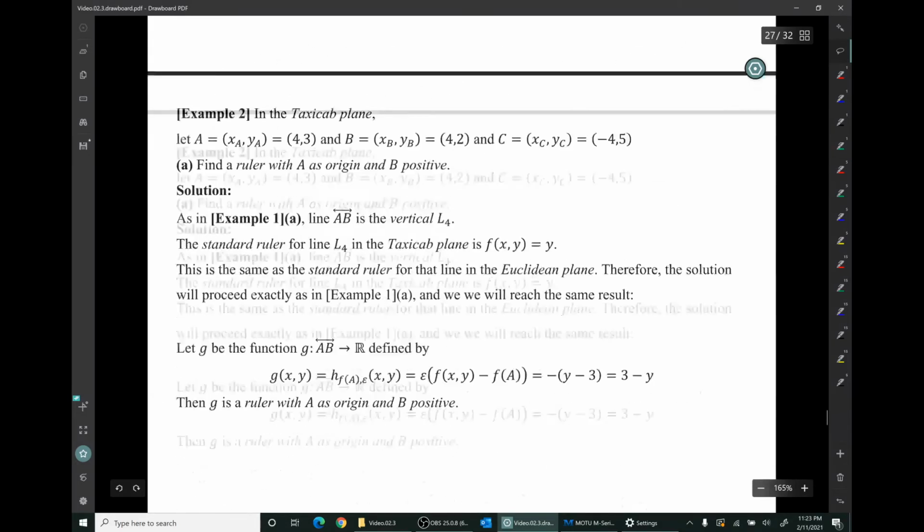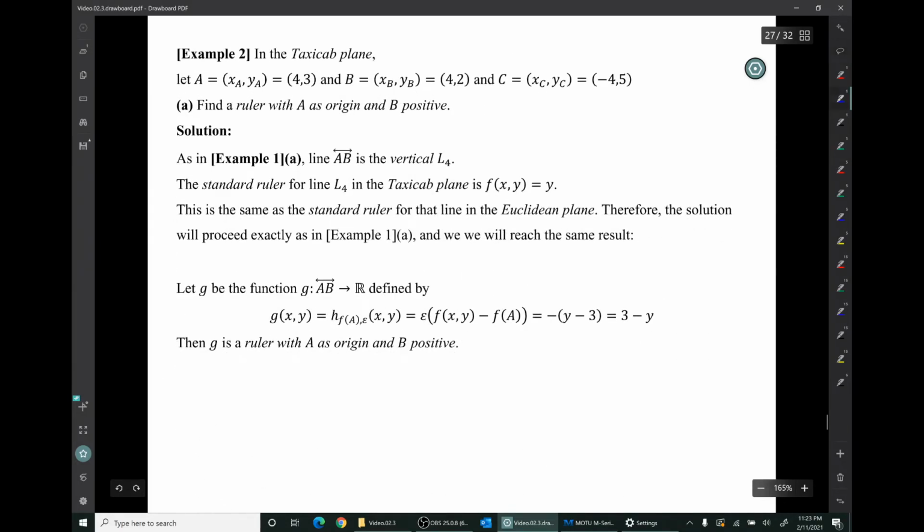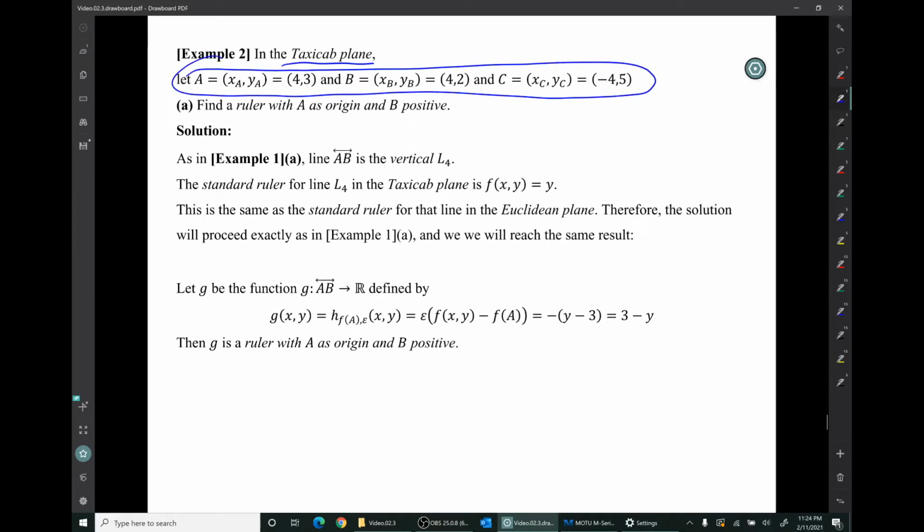Let's go on. Example 2. In the taxicab plane, we're going to consider those same 3 points. The goal is to find special rulers in the taxicab plane for these same points. In question A, we're going to find a ruler with A as origin and B positive. Just as in example 1, the line that passes through A and B is a vertical line with x coordinate 4.